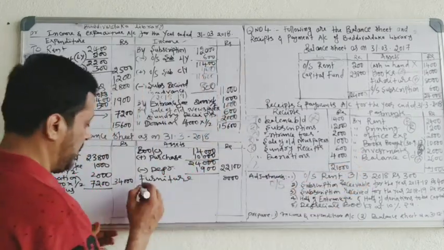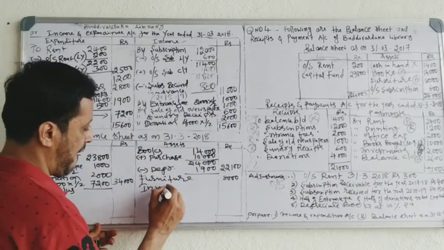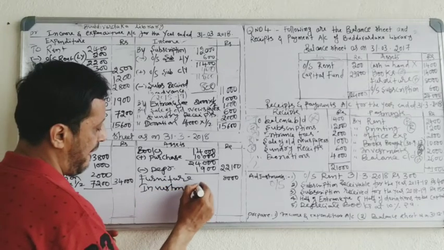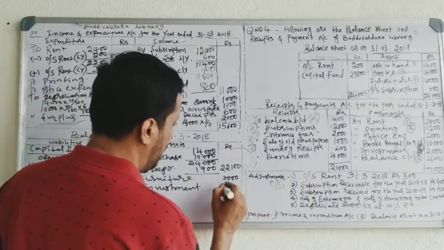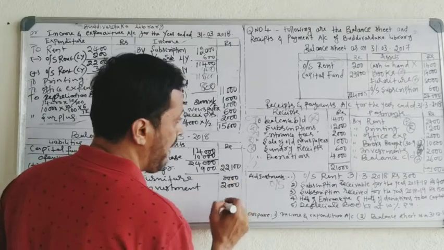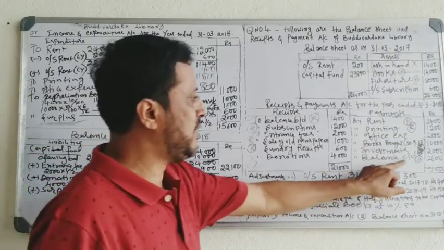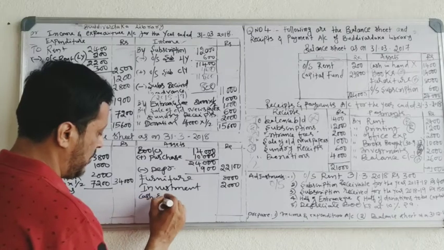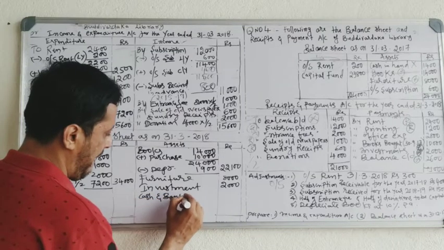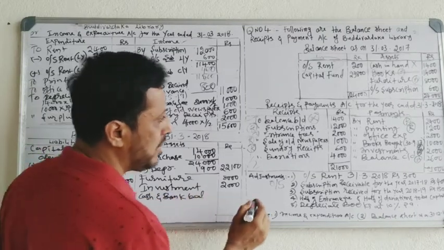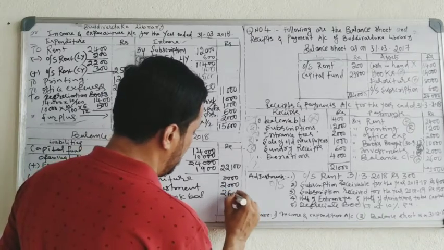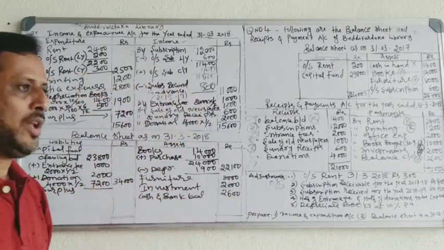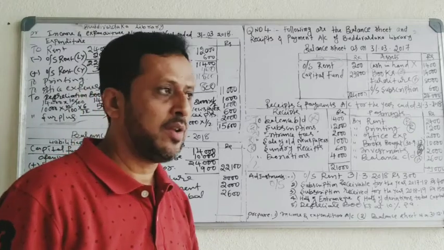Balance of cash is an asset. Investment is 2,000. And balance carried on means cash and bank balance, 2,600.